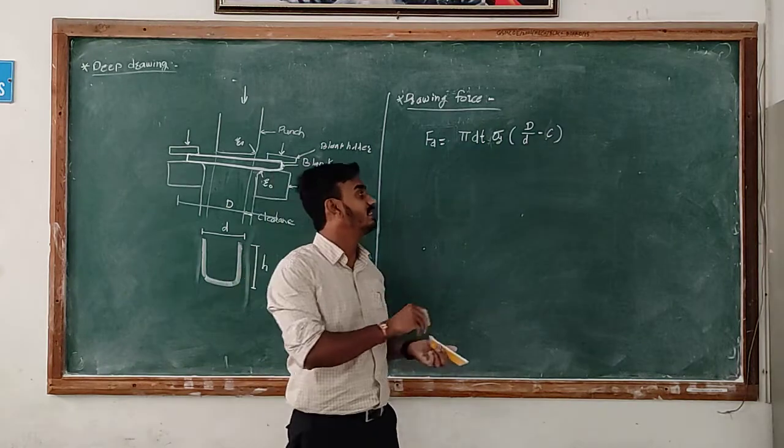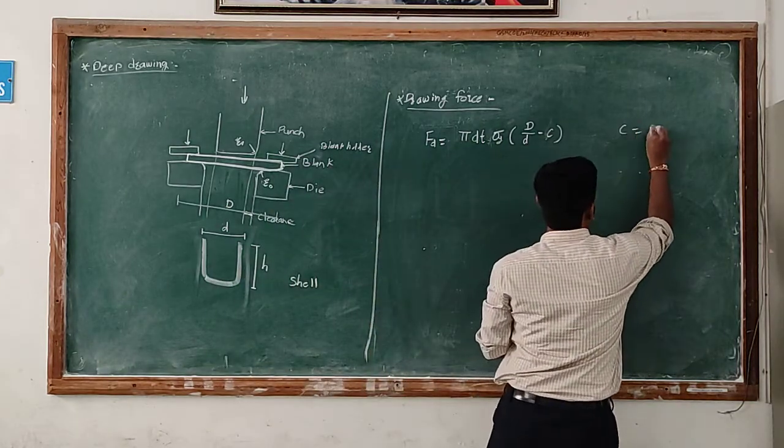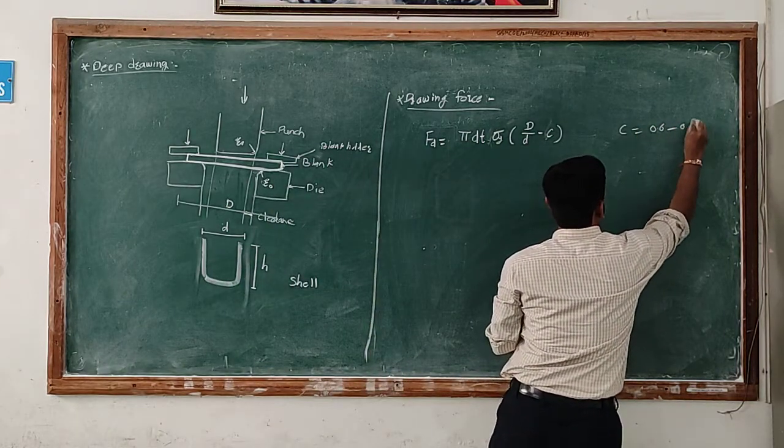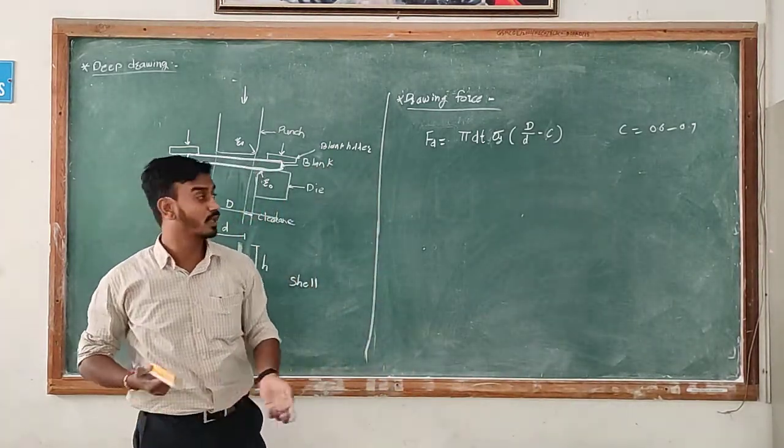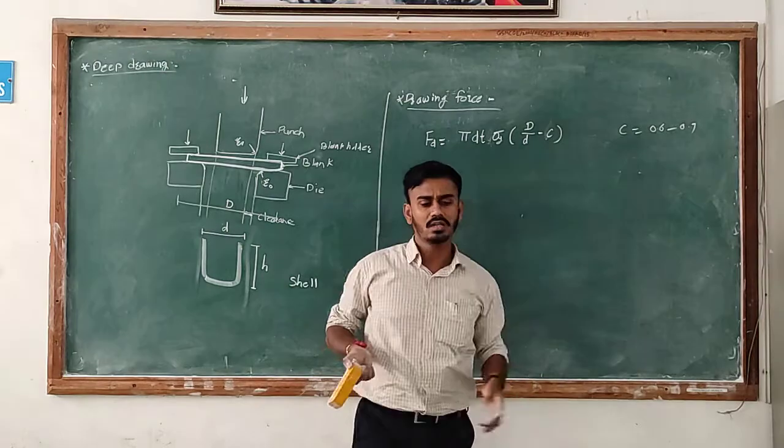The value of C is between 0.6 and 0.7. It will be given in the numerical. If it is not given, take the value of C as per your requirement.